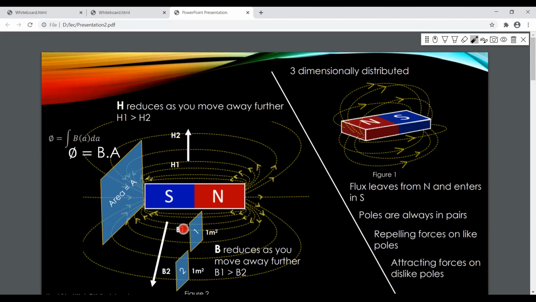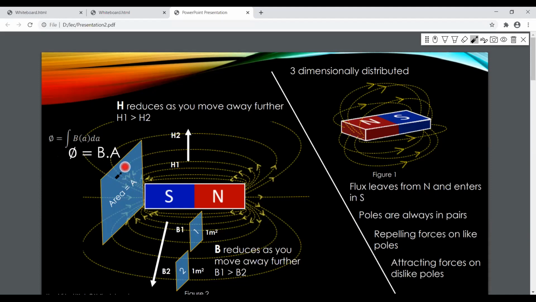And in this case, you can clearly see if the magnetic flux density here is B1 and the density here is B2, B1 is higher than B2. And of course, you know that magnetic flux density means magnetic flux divided by the area, or else magnetic flux is equal to flux density multiplied by the area.